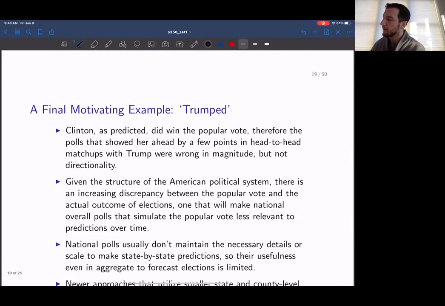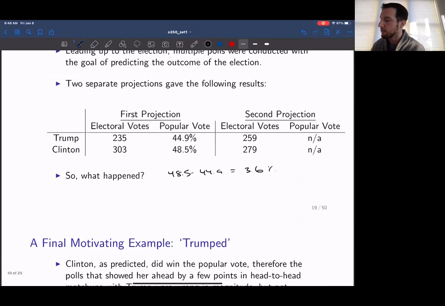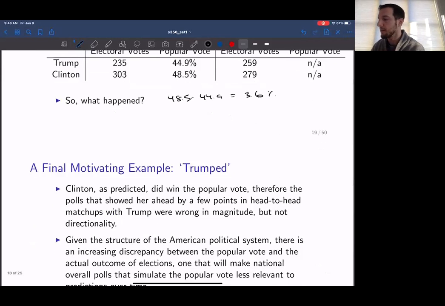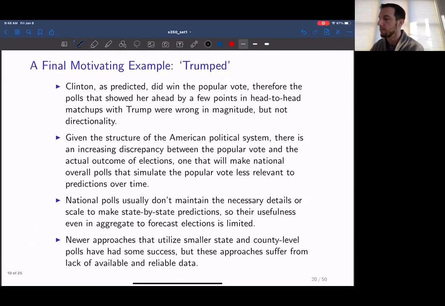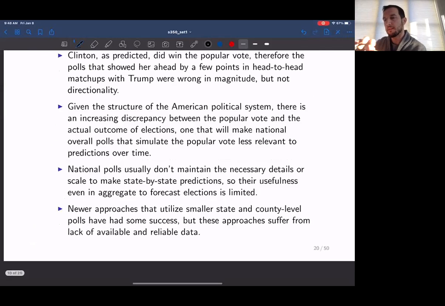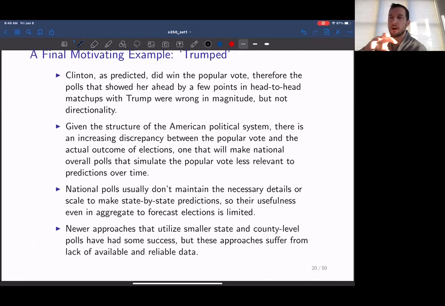So you can see at least in the first case here, the electoral outcome and the popular outcome, they are matching up, but that doesn't have to be the case. And that wasn't the case in this particular election. So in some sense, using that popular vote to try and influence how the electoral vote is going to turn out is misleading. And again, in this particular election, that very much was the case.